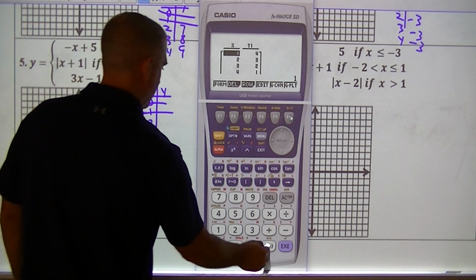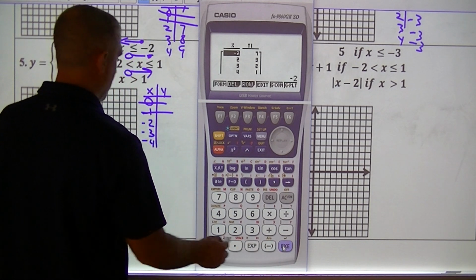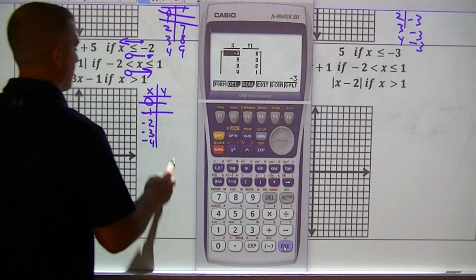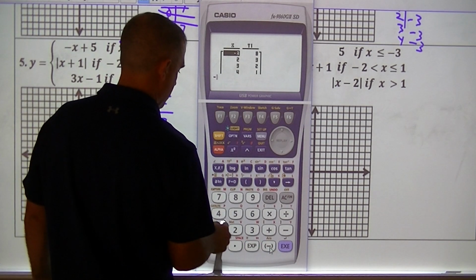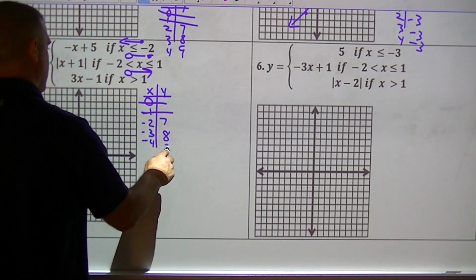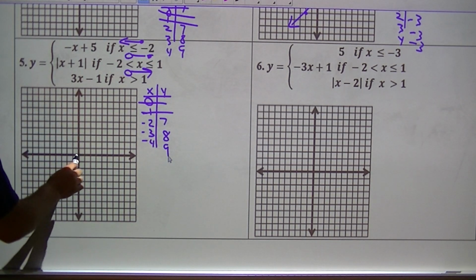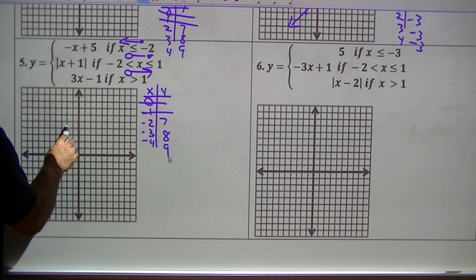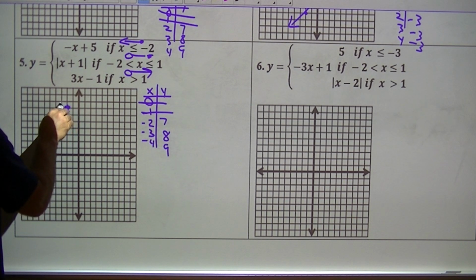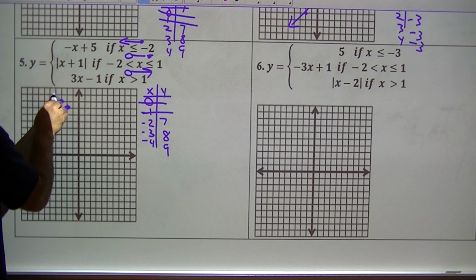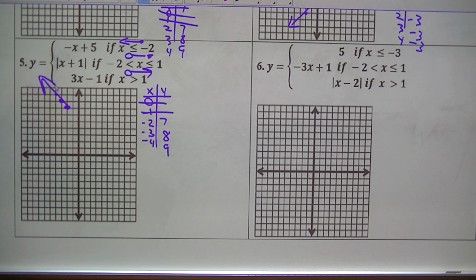Okay, so I got -2, which is 7. -3, which is 8. And -4, which is 9. So -2, 7. -3, 8. -4, 9. No, it's got to look like that.